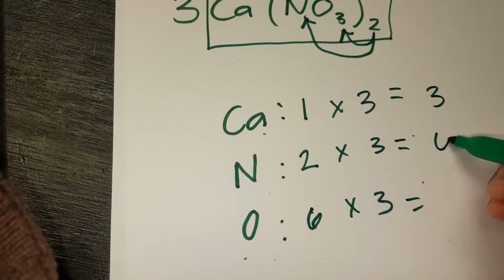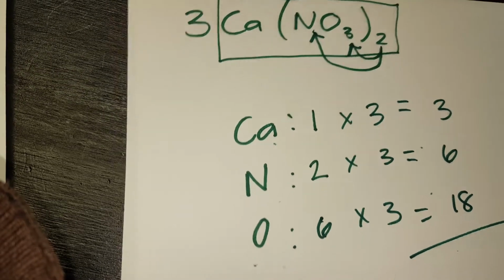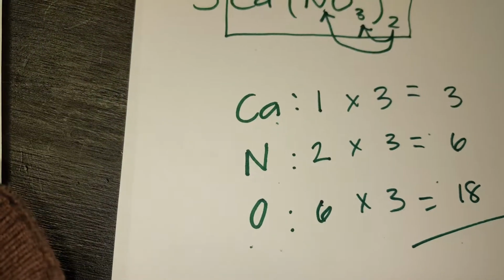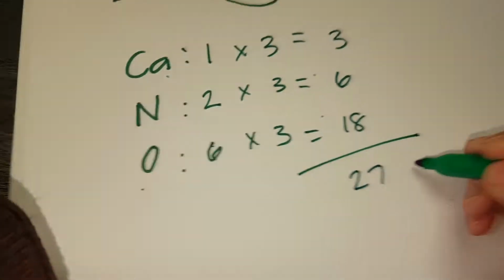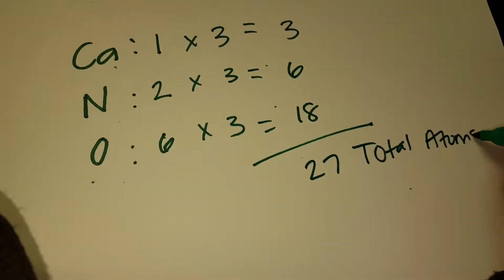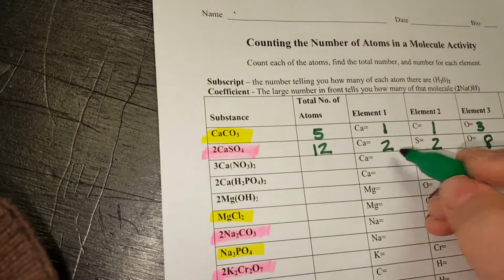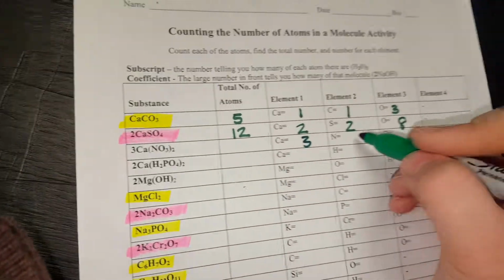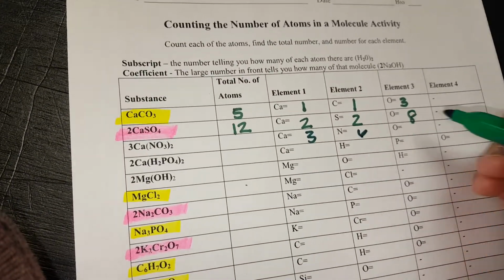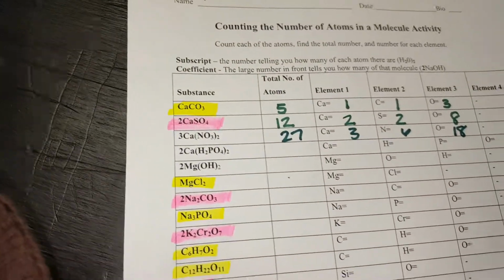And I have 3, 6, and 18. Add them up. You have 27 total atoms. Okay, and I'm going to transfer this over here. I have 3 calcium, 6 nitrogen, 18 oxygen, and 27 total atoms.